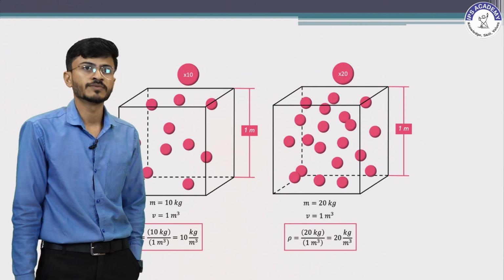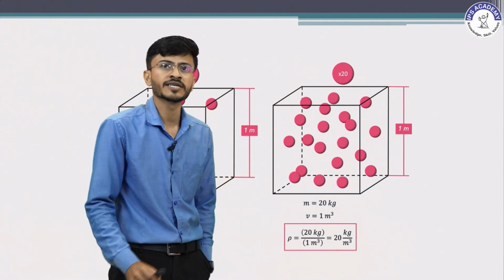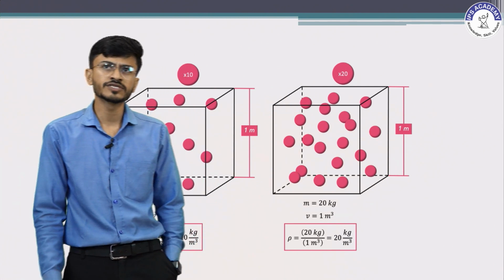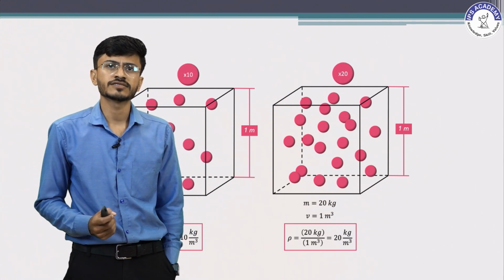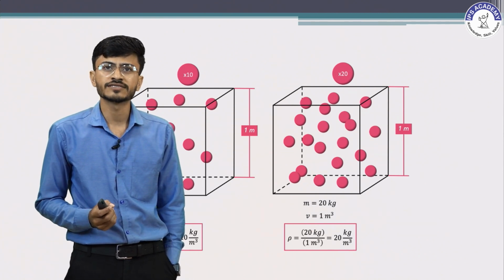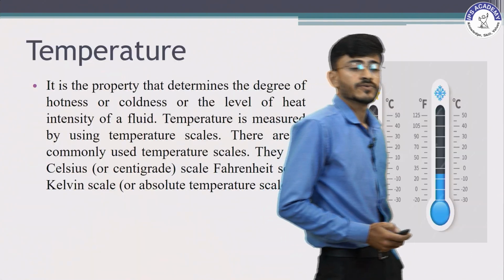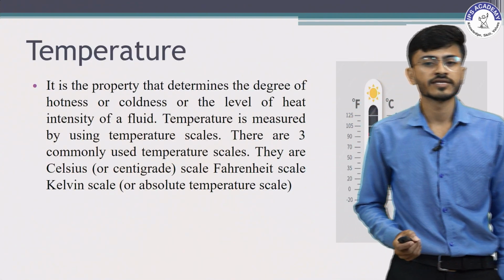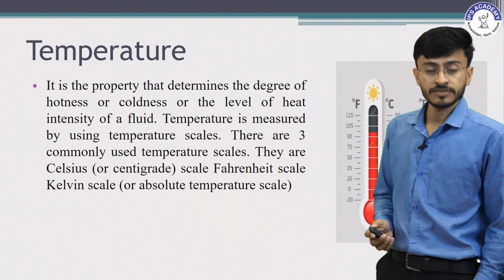So the density will be 10 kg per meter cube. In the second image, the cube is the same, 1 meter, but the mass is changed. Mass here is 20 kg. So the density will come to 20 kg per meter cube. So it is very simple to calculate the density of any object or mass.